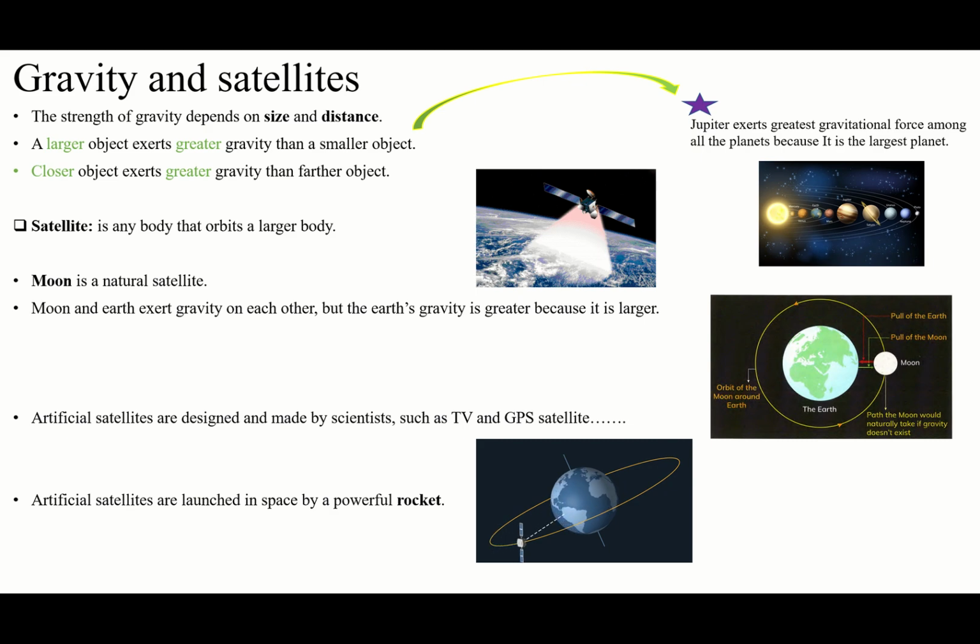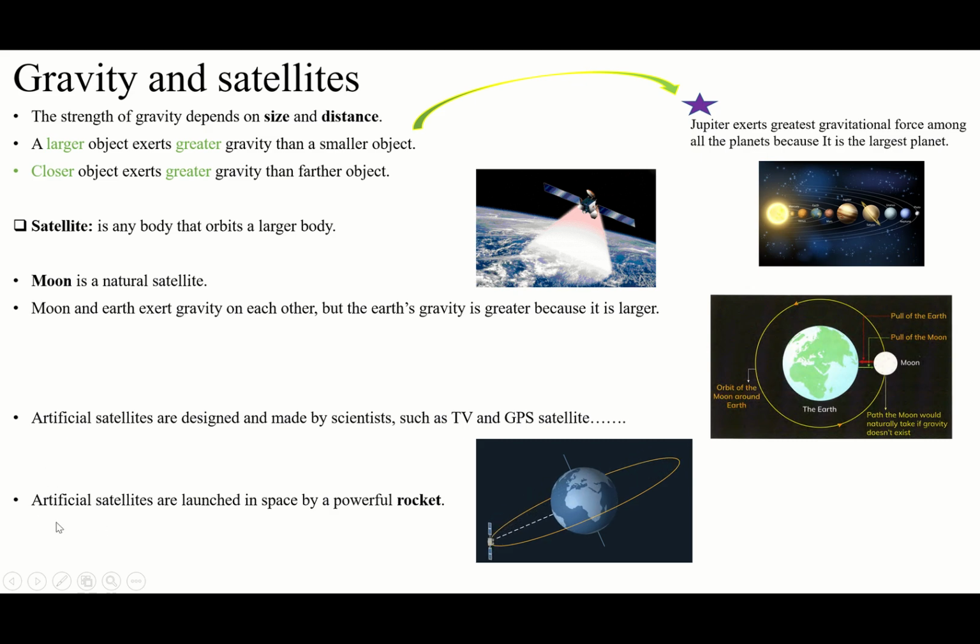You can go to many places and find them easily because of this GPS. You know where it is, because the satellite sends us the information about where this place is. So an artificial satellite is designed and made by scientists. When you say artificial, it means human made. Be careful, at any other time, not only here.